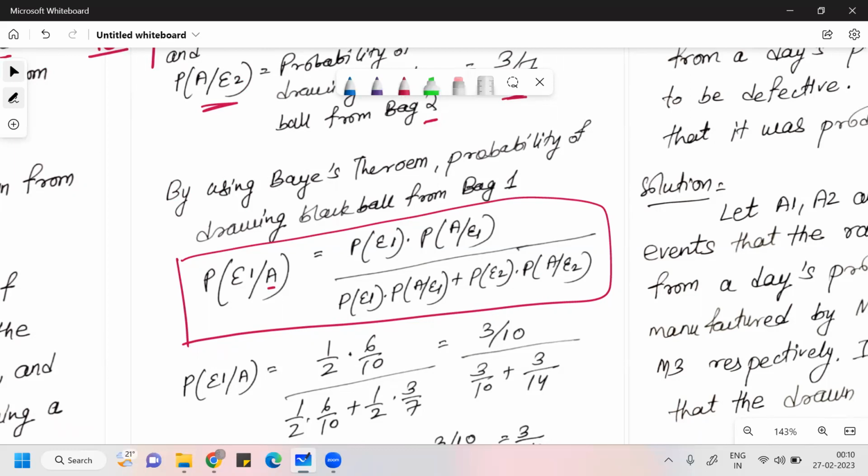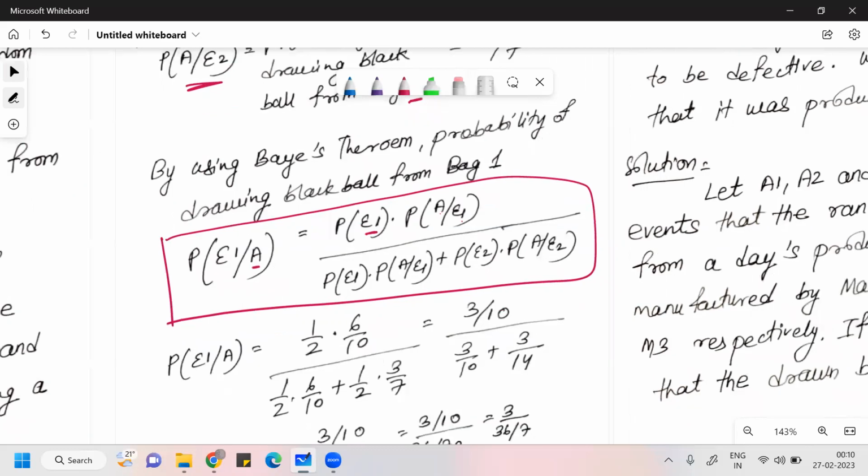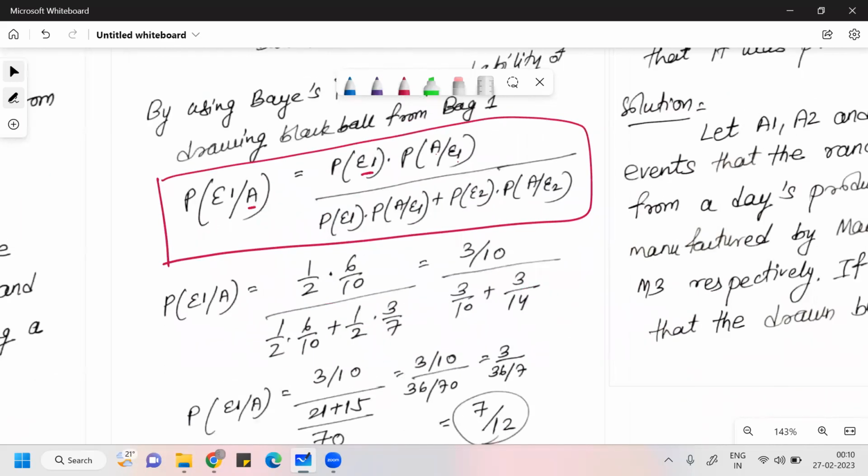So how will you do this? This is the formula of Bayes theorem. Probability of E1 given A is equal to probability of E1 into probability of A given E1, divided by the total outcome. So the probability of E1 and probability of E2 are both 1 by 2. The probability of choosing a black color ball from bag 1 is 6 by 10, and from bag 2 is 3 by 7.